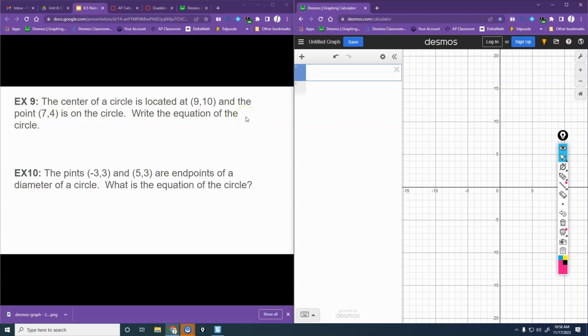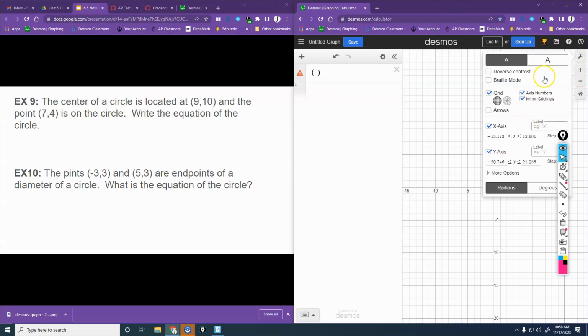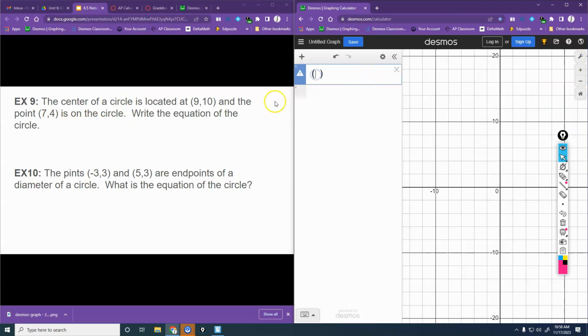So for this problem, they have given us the center. So that is going to look like this. Let me make this larger so you can see it a little better. 9, 10. So we'll have (x − 9)² + (y − 10)² equals, did they give us our radius?